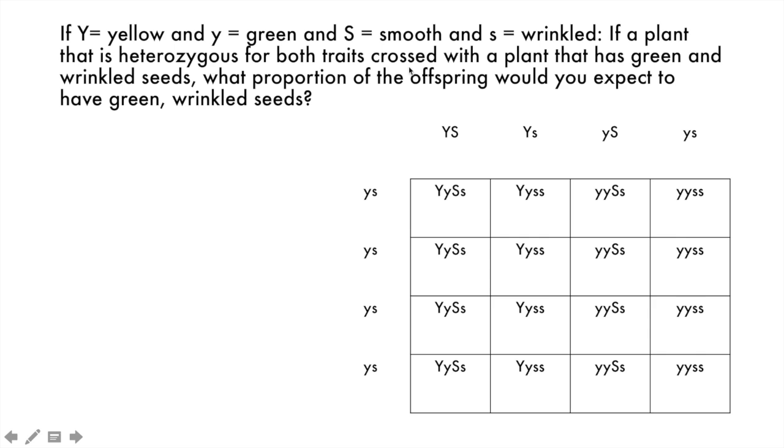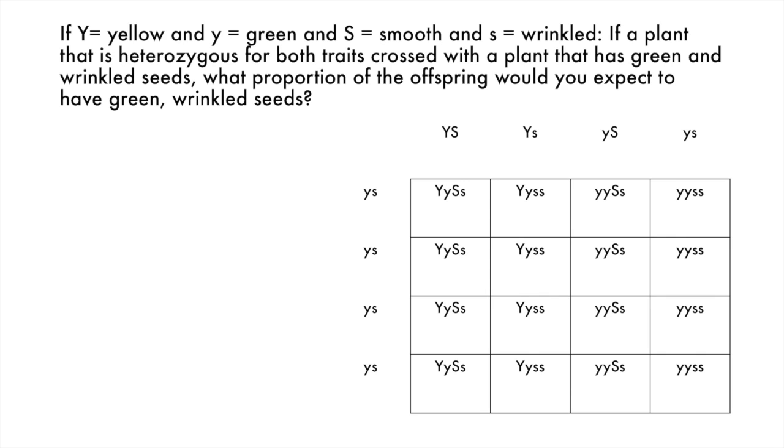So a green wrinkled seeded plant is only going to be able to give out this type of gamete, little y, little s. But a heterozygous plant can give out any of these 4 different combinations of gametes because they have all 4 alleles of these 2 genes present.